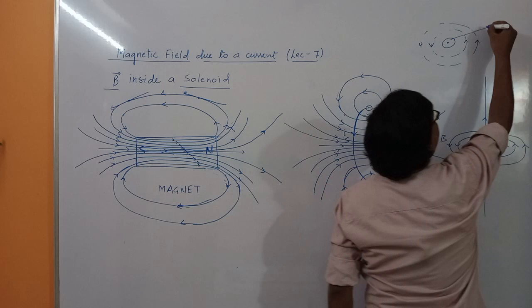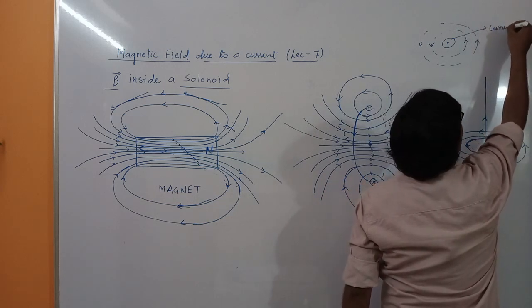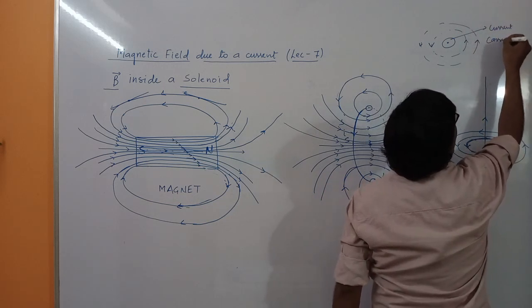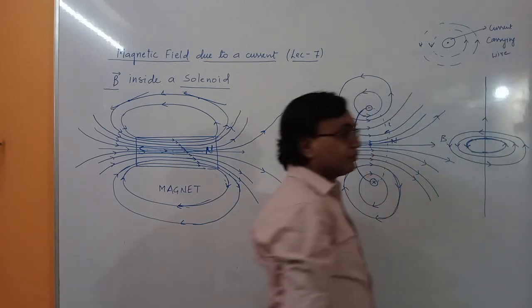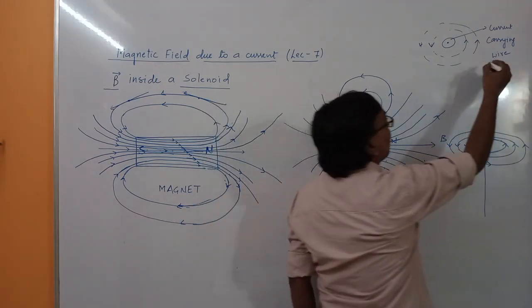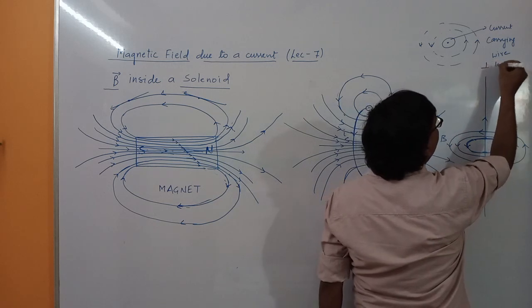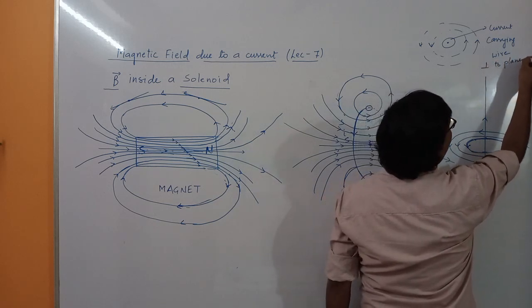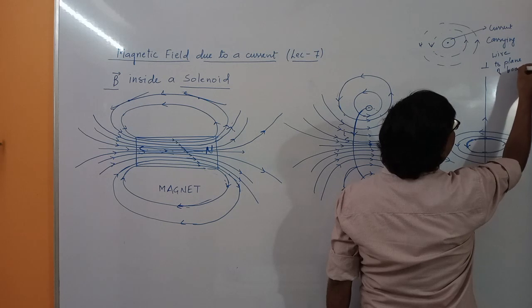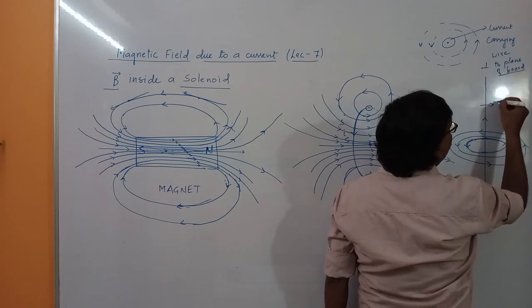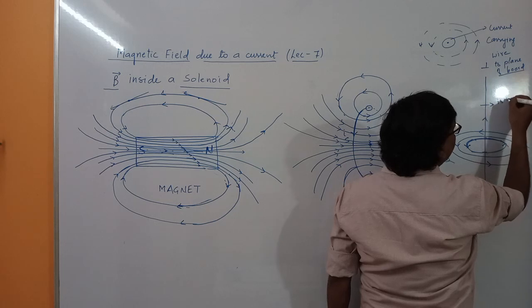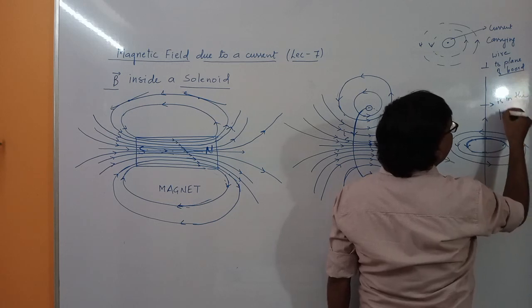So this is a wire perpendicular to the plane of the board in this case, and this wire is in the plane of the board.